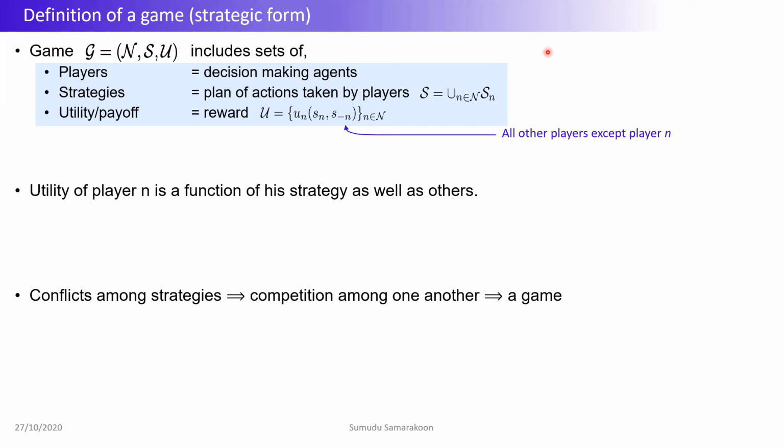This conflict among these actions and strategies leads to a certain competition among them. So individually or together, they try to plan their actions to improve their rewards. This could result in a conflict among each other, leading to competition among one another. That is why this is called a game.